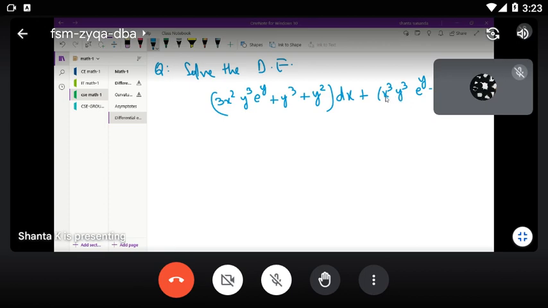Okay, so you solve this one. Check if you can go for any integrating factor.